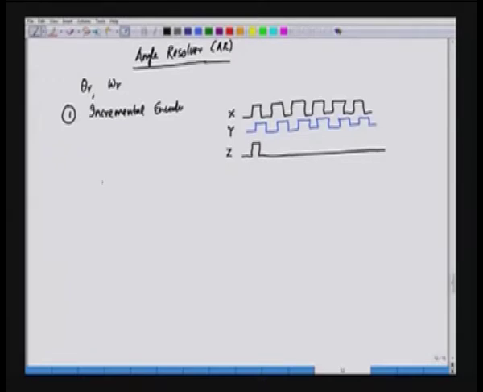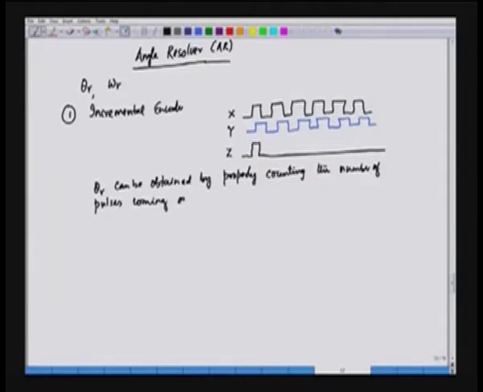So, theta r can be obtained by properly counting the number of pulses coming out of the encoder.